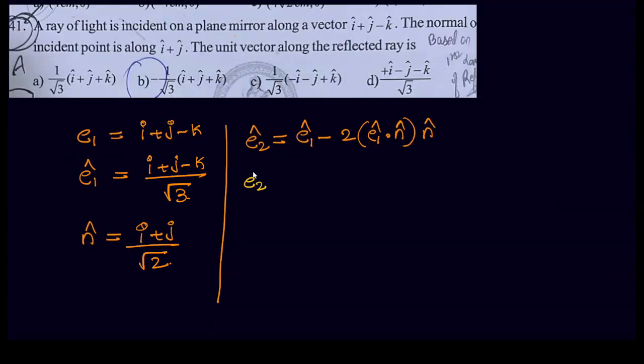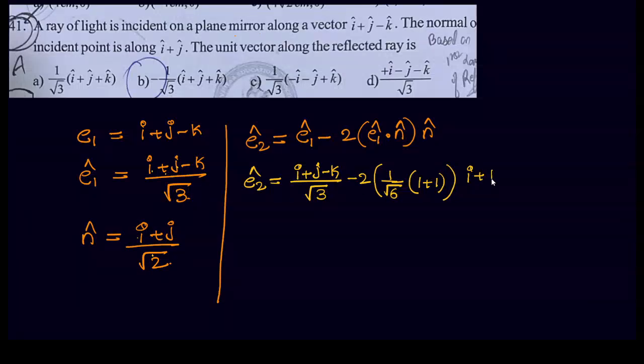So simplify now: E2 cap equals E1 cap, that is i plus j minus k by root 3, minus 2 into the dot product between these two. We need to do the dot product: it is root 6 into, i dot i is 1, j dot j is 1, into n cap, which is i plus j by root 2.